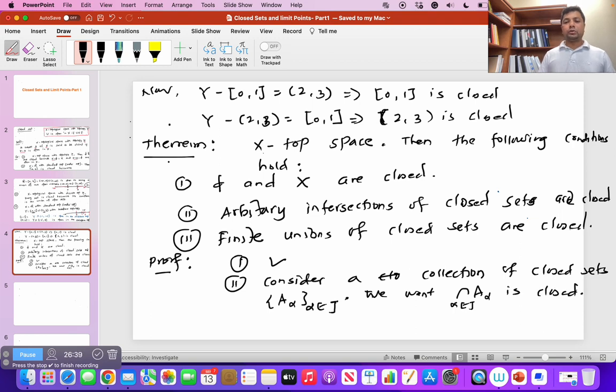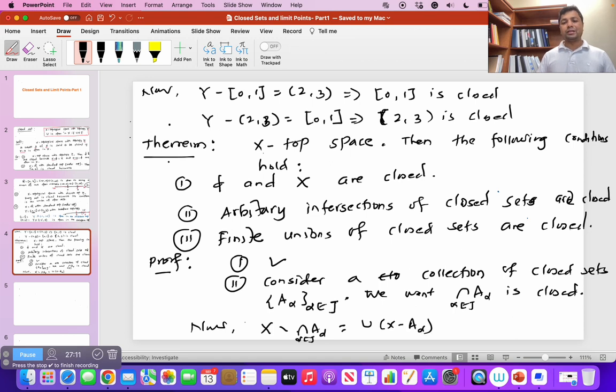Okay, if we want this intersection to be closed, then by definition the complement of this intersection has to be open. Let's take the complement of this intersection. If you use De Morgan's law, it tells you that this is going to be the union of the complements.